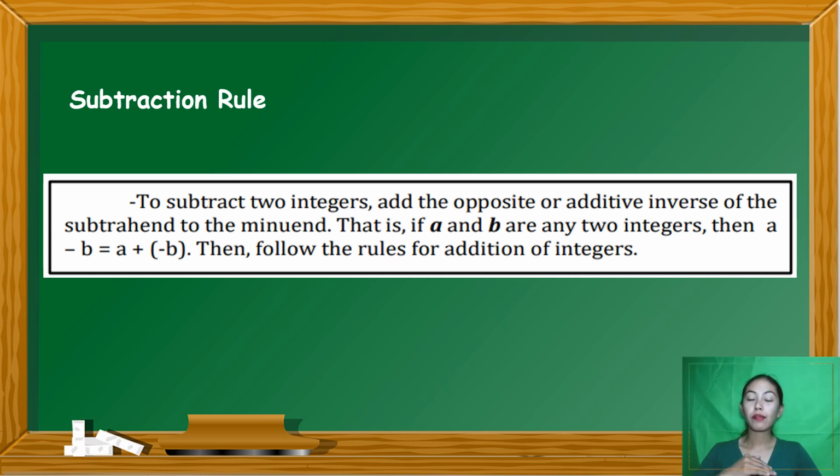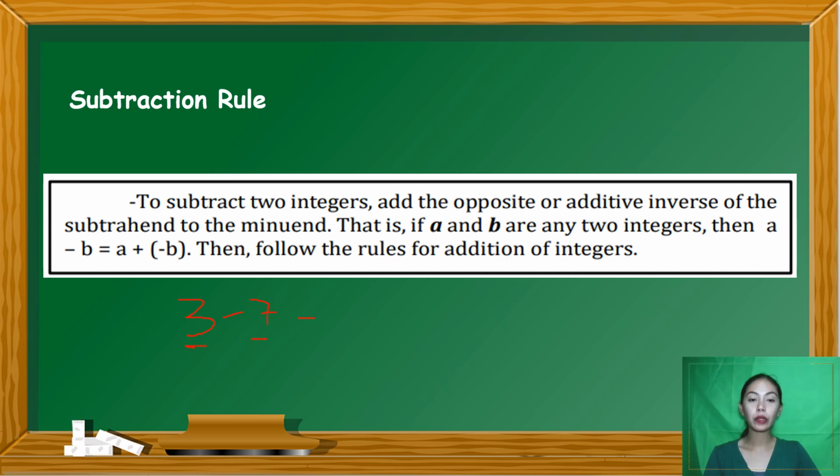For example, we have 3 minus 7. The subtrahend here is 7 and the minuend here is 3.